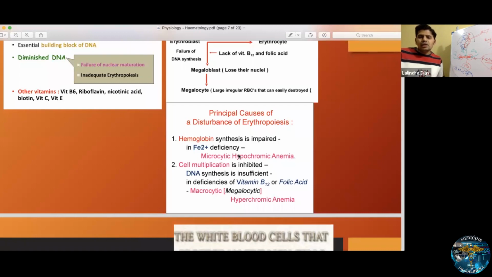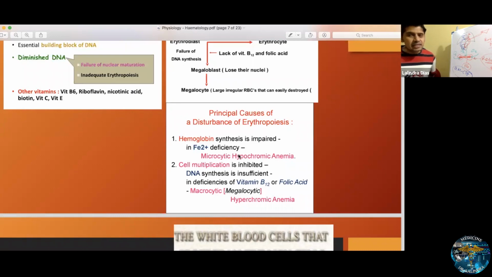Then also cell multiplication. I told you that, guys. For cell multiplication, cell division, you need DNA. DNA is the molecule which divides among the daughter cells. So for DNA division, you need adequate amounts of folic acid and also vitamin B12.